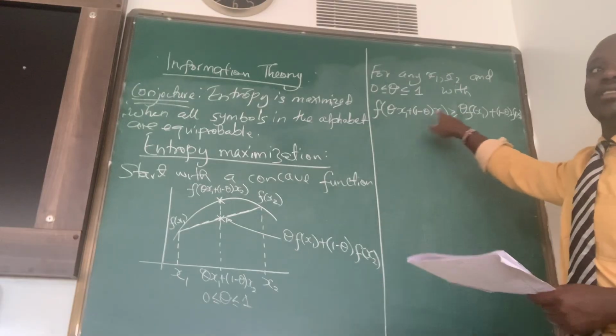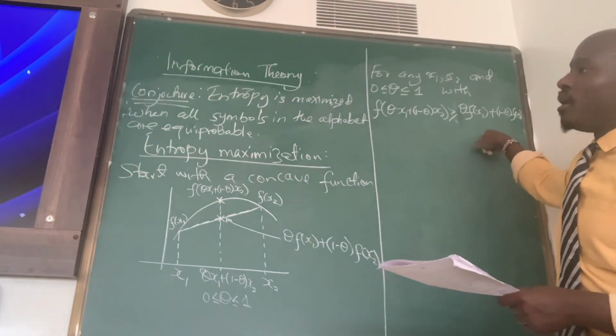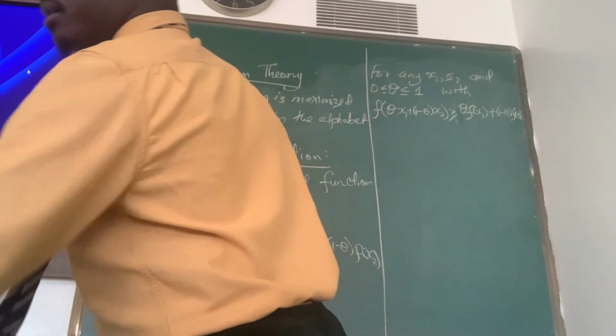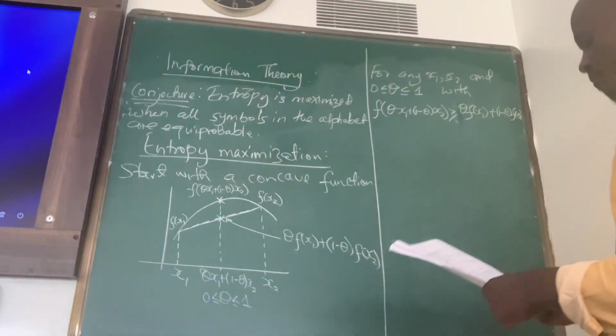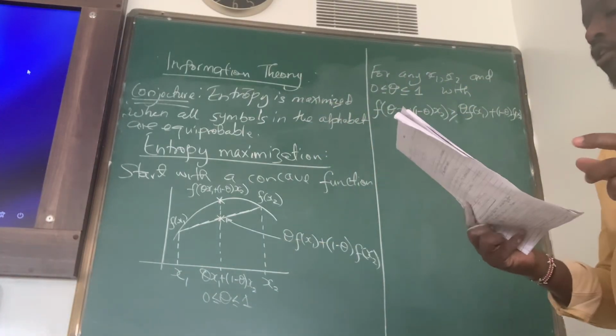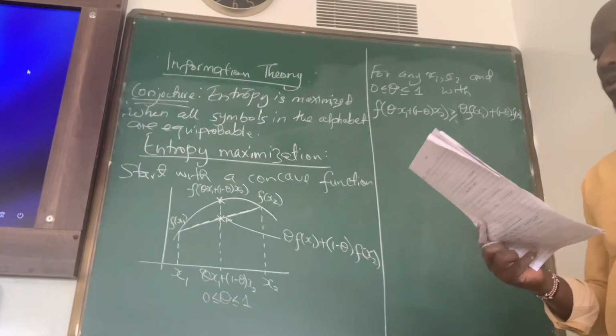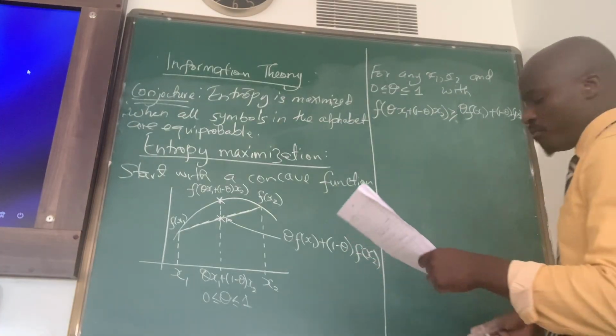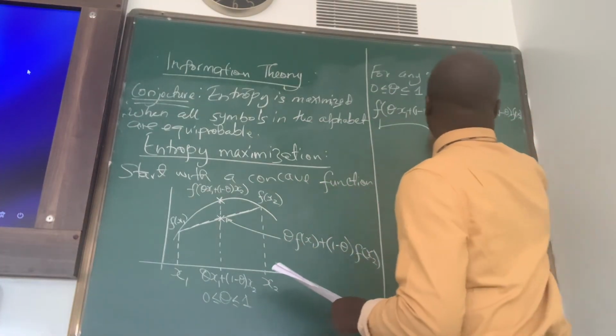If a function exists such that this is true, then that function is called a concave function.